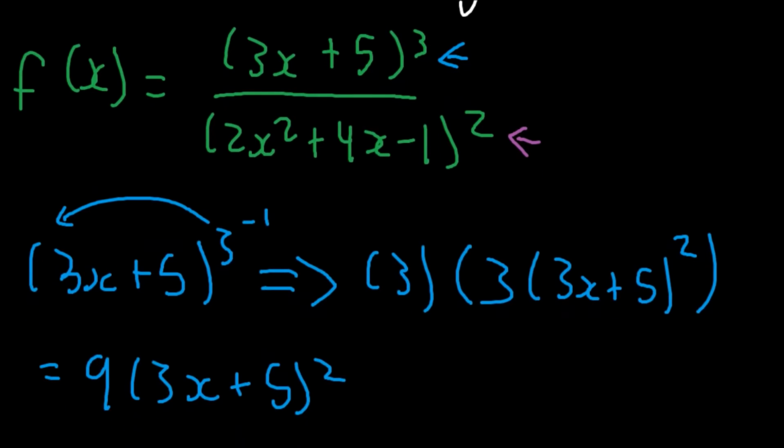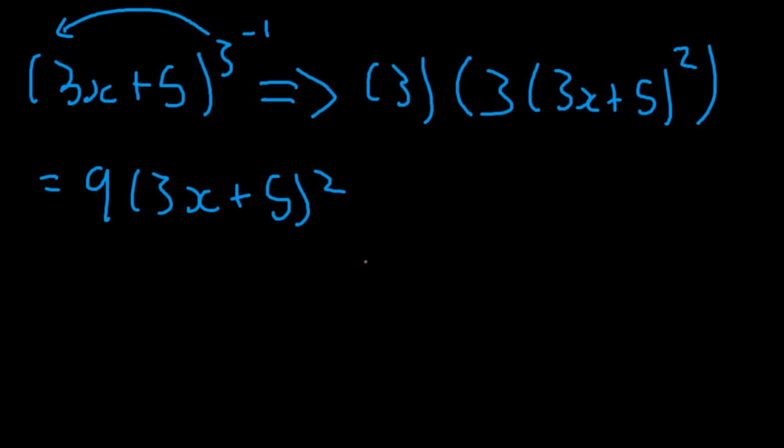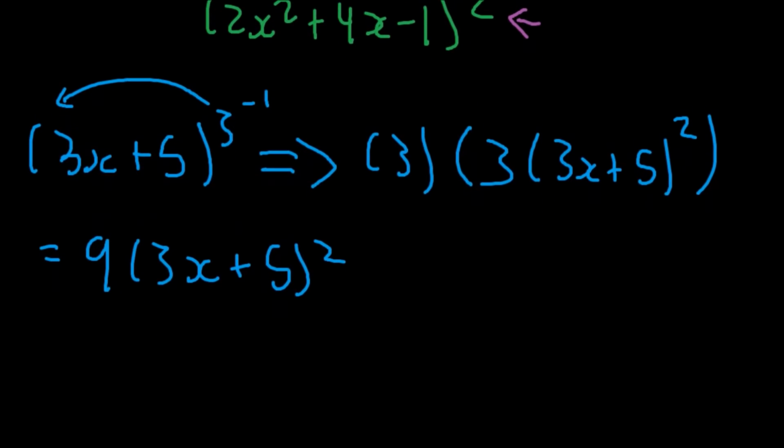All right. And how about the purple function? What's that derivative? Well, the purple function is (2x squared plus 4x minus 1), all squared. Take the special little derivative arrow, with a little dx on top to imply we're taking the derivative.